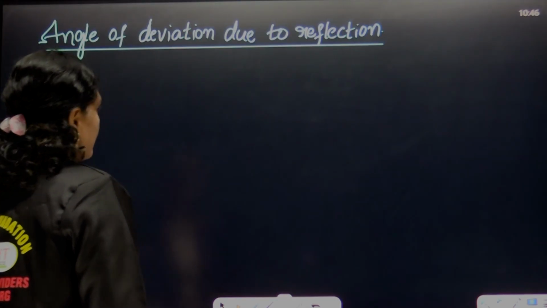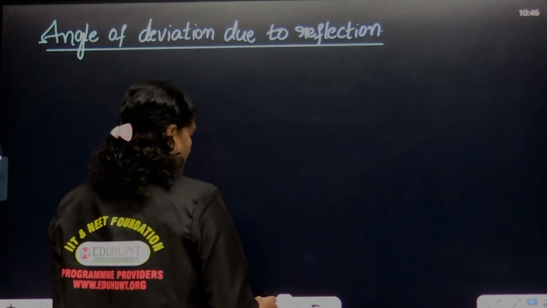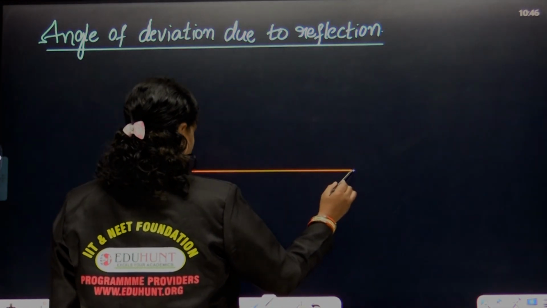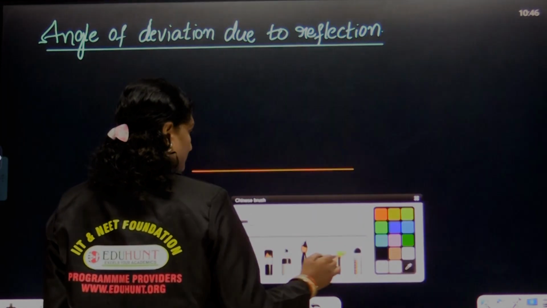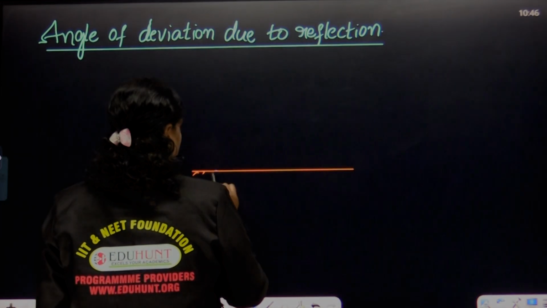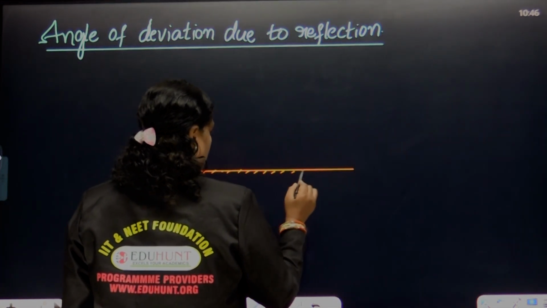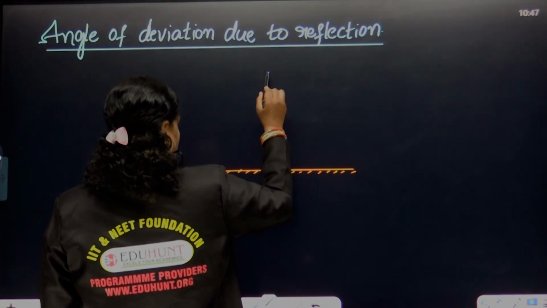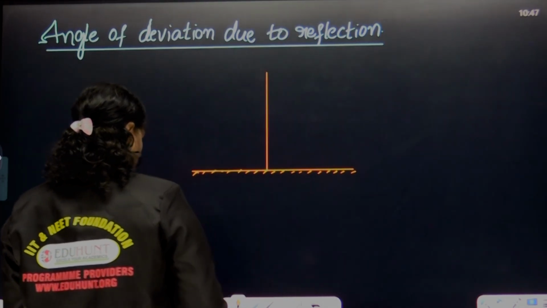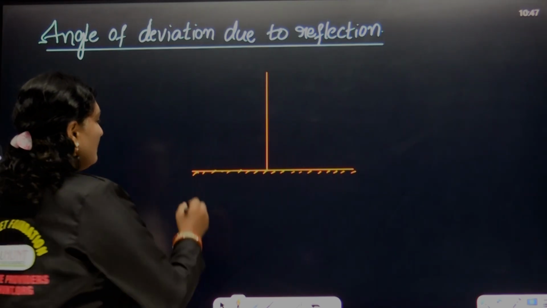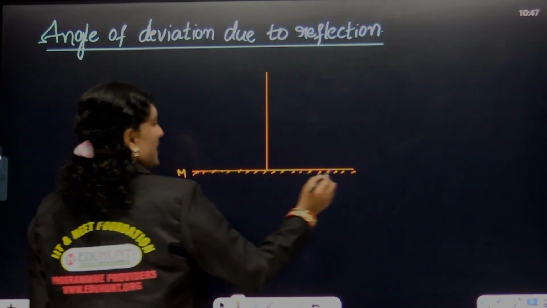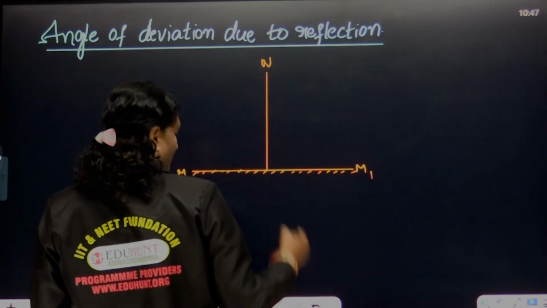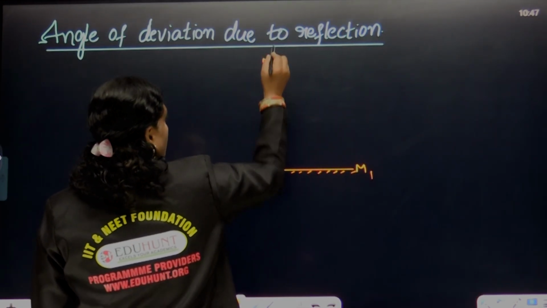For this, let us consider the figure as shown. Let us consider a plane mirror. Let us name this as MM1 and let this be a normal drawn to this mirror.